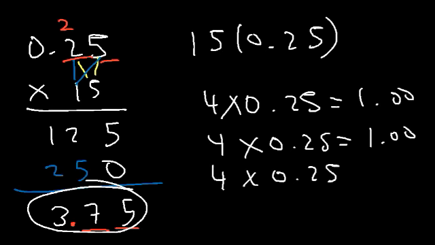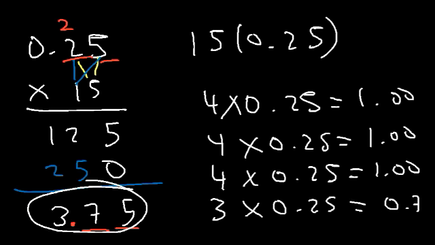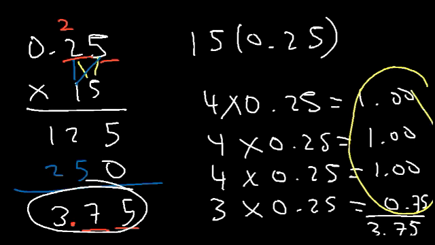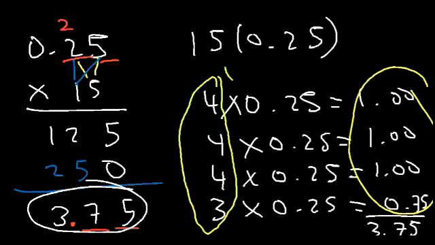So that's 12 quarters that we have so far. And then for 15 quarters, we need 3 more. So the remaining 3 quarters is 75 cents. So you have $3.75 if you add these numbers. And if you add these, you have a total of 15 quarters. 4 plus 4 plus 4 plus 3 is 15.